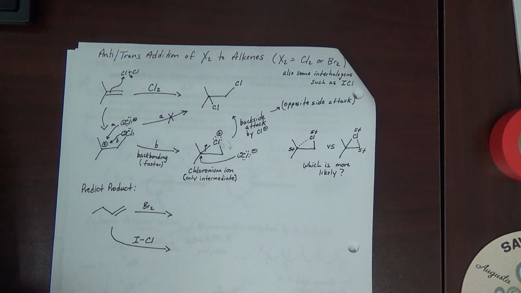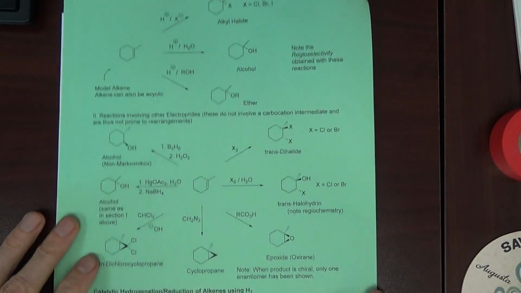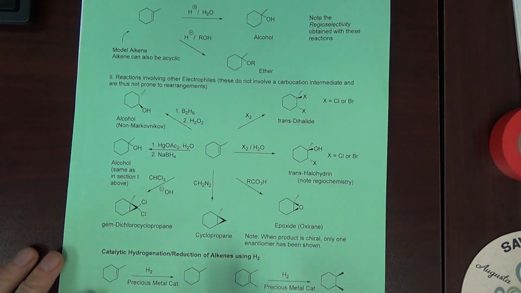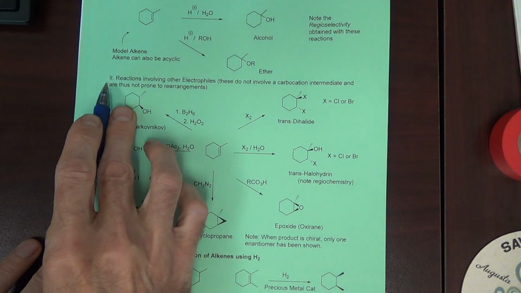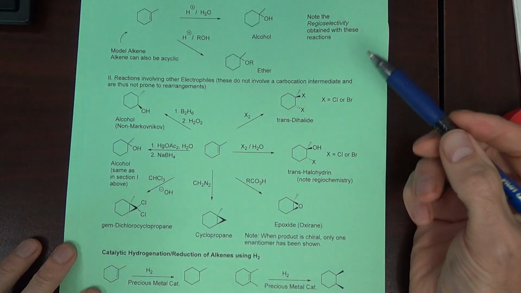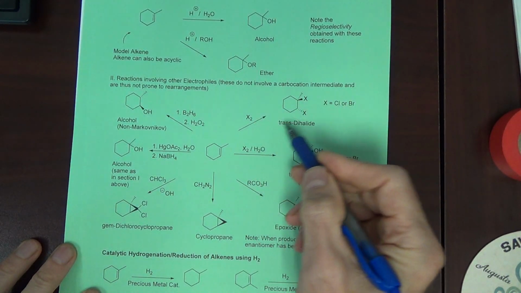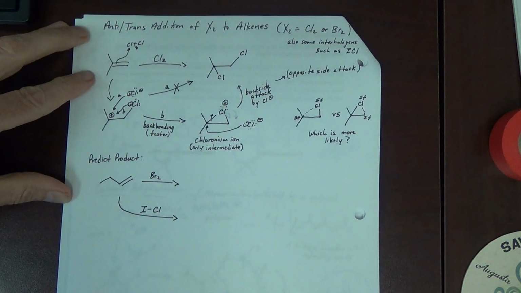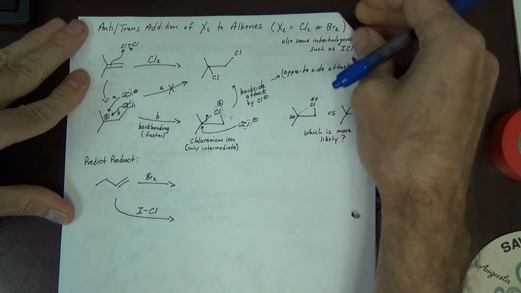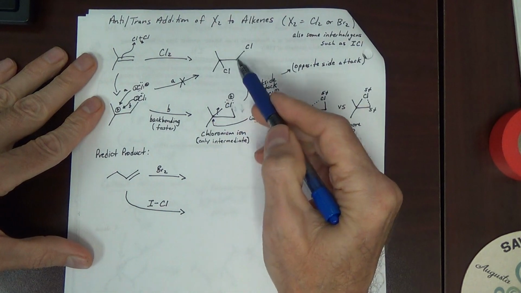And these reactions are also shown on your outline, in the section Roman numeral 2 here, and we'll start with this one here to make trans dihalides, which is the type of product shown here.